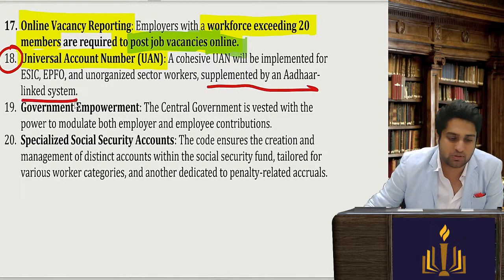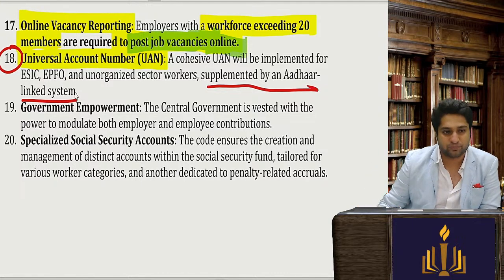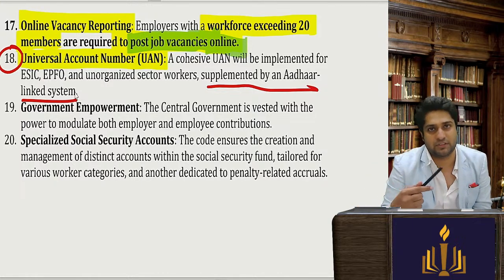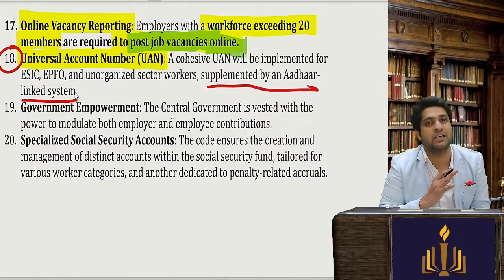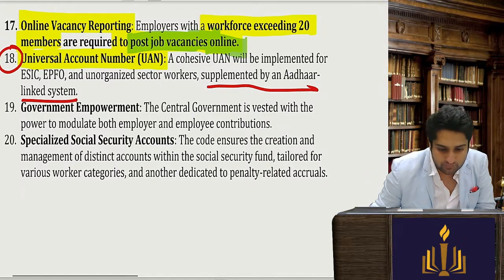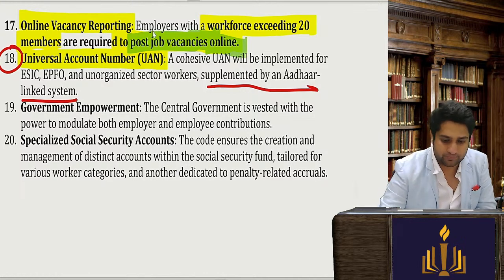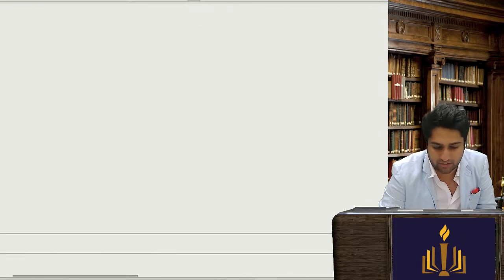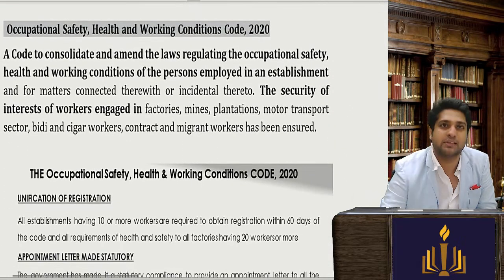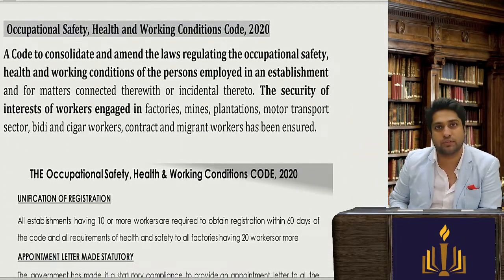It will be linked with your Aadhaar card. Anyone wanting to get any benefits under the labor codes has to provide their Aadhaar card. Without Aadhaar card, no benefits. Okay, so they will make the contributions, etc. Also it will be provided how much the employer has to give and the employee has to give.